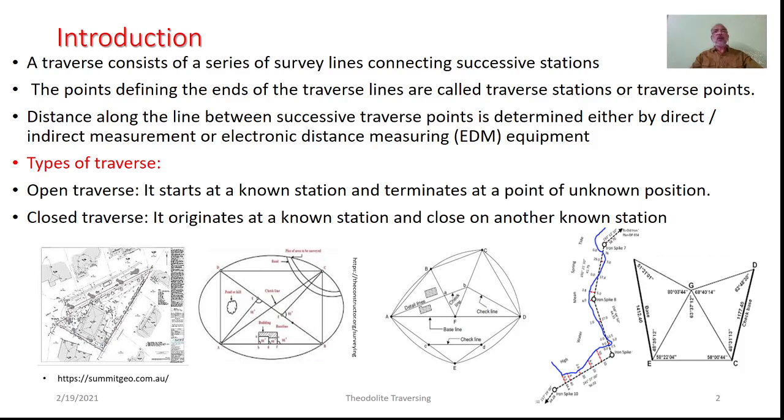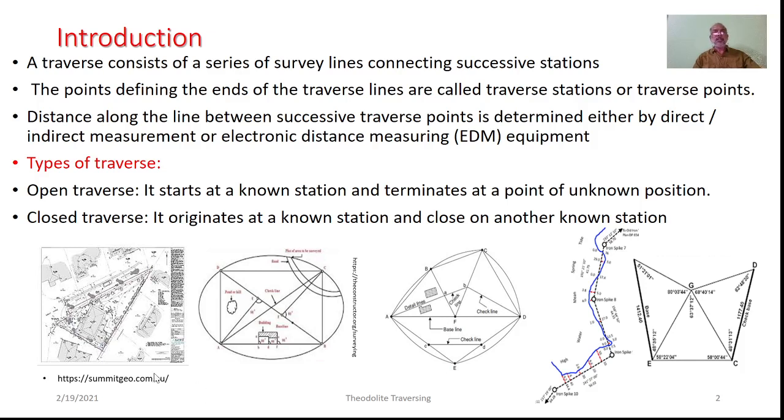The traverse could be of two types. One is open traverse. It starts at a known station and terminates at a point of unknown station. Whereas the closed traverse originates at a known station and closes on another known station.